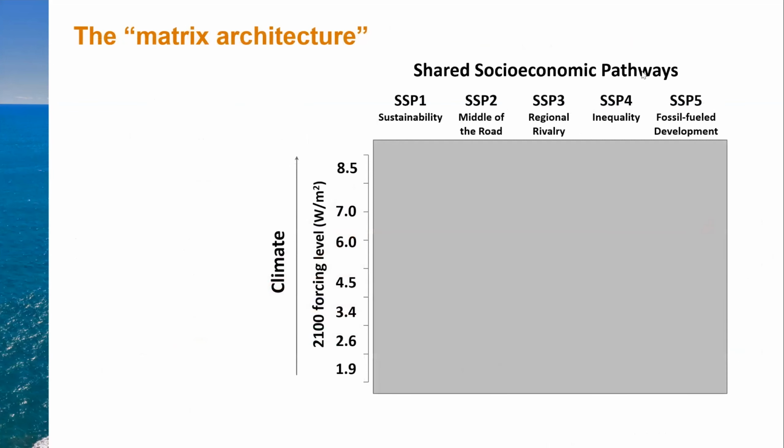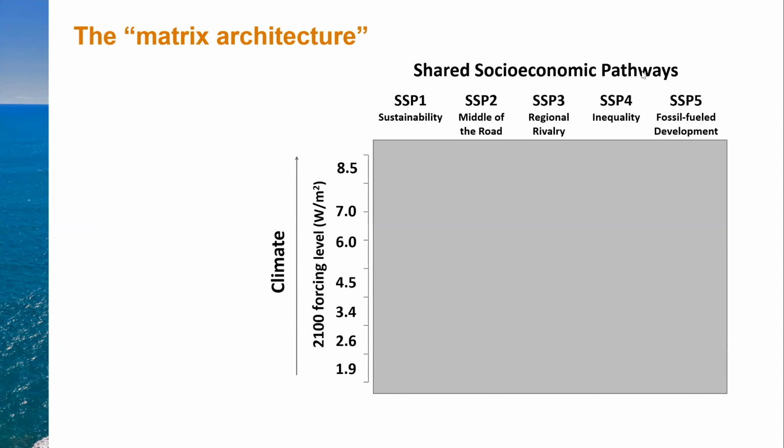So how do we combine these things together, the climate model simulations and the socioeconomic simulations or socioeconomic futures? Well, I first want to talk about it conceptually and then give an example or two.